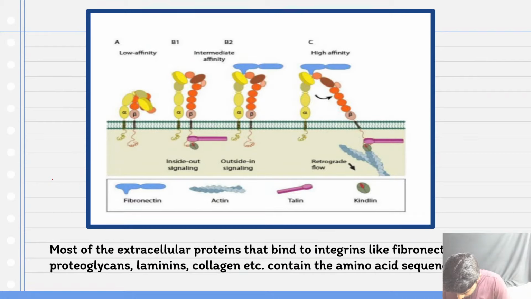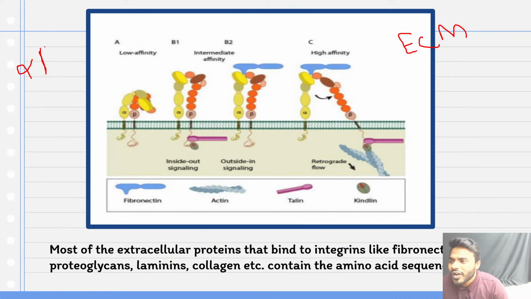The statement is very clear, right? Integrin molecules are majorly associated with the ECM protein. Please listen to my statements very carefully. Do not get confused.